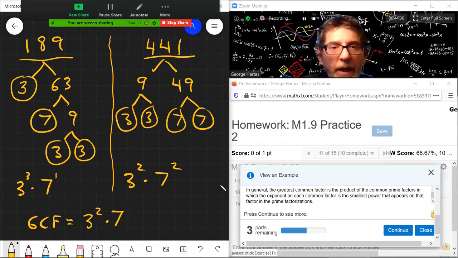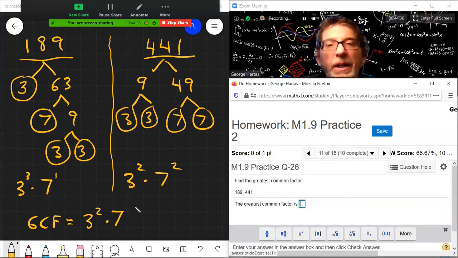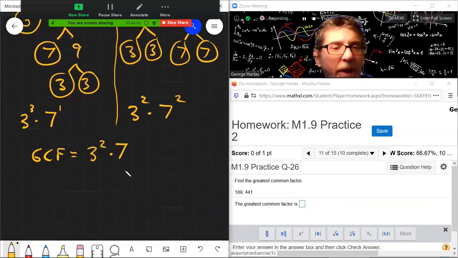Now that we did all that, what they want is the final answer here. They don't want you to type that in there, even though it's almost correct. They want the number. So all we have to do now is just multiply it out.